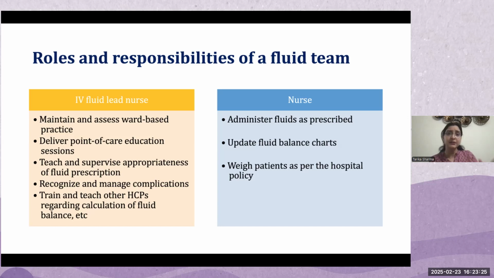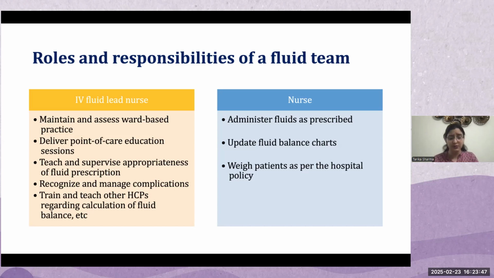In the fluid team, we have two main specialties of nurses, the IV fluid lead nurse and the nurse who is taking care of the patients at the bedside. The IV fluid lead nurse is supposed to maintain and assess the ward-based practice. What is the practice there in the wards?